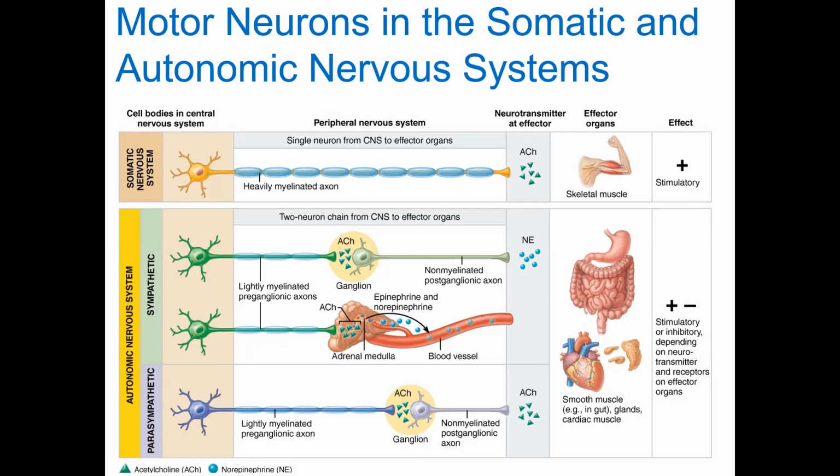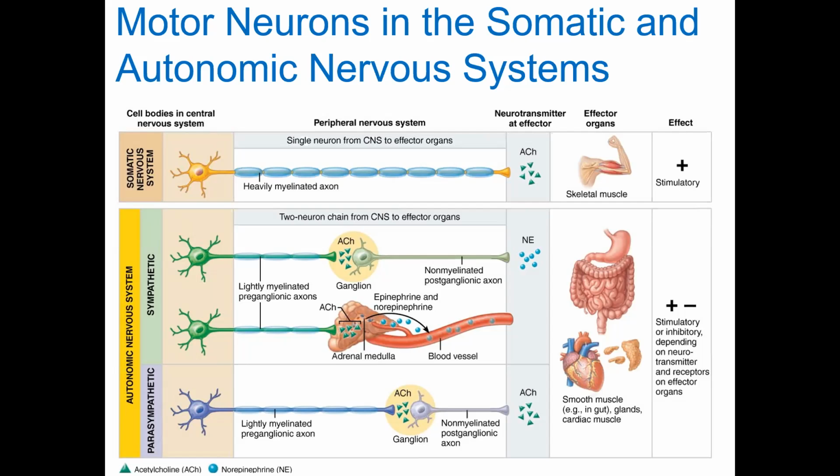On the parasympathetic side, again, you have a myelinated preganglionic axon, and it releases acetylcholine. So everybody uses acetylcholine on their preganglionic axon. Whether you are sympathetic or parasympathetic, everybody uses acetylcholine on the preganglionic neuron. Now, the difference comes in on the parasympathetic side.